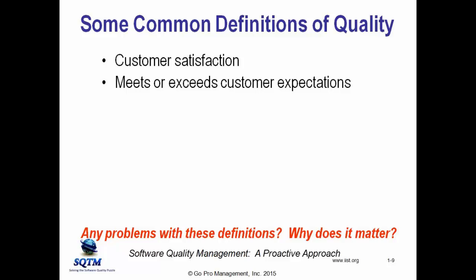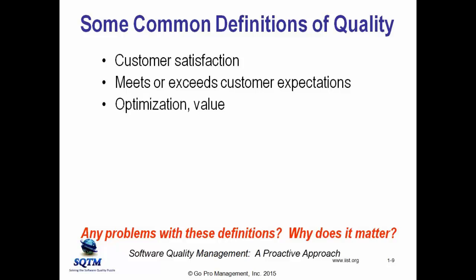If a customer is satisfied with low quality, or with expecting low quality, it's still low quality. And if they expect quality that is beyond reasonable, their expectations are not going to be met, even though there might be high quality.